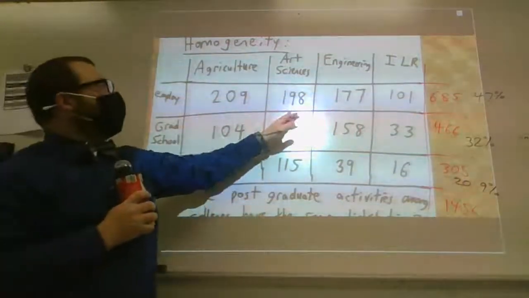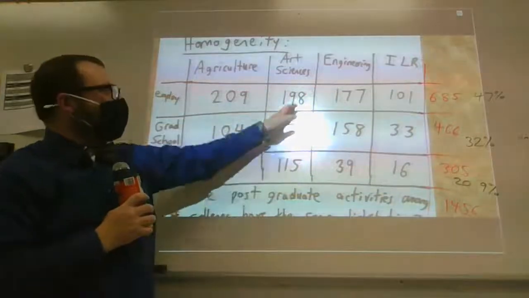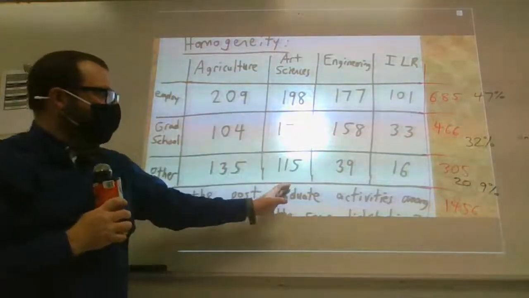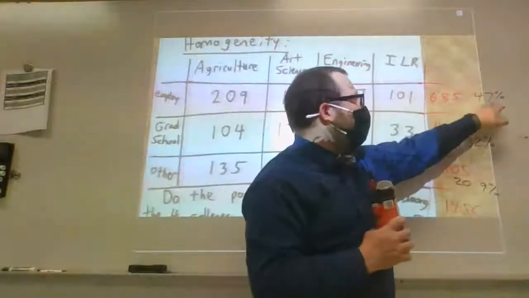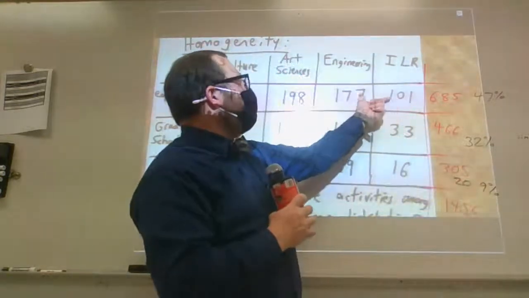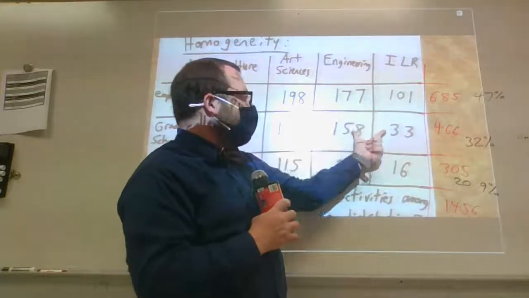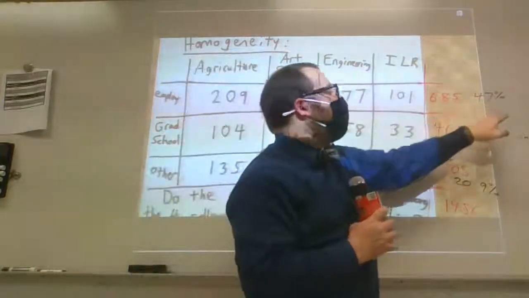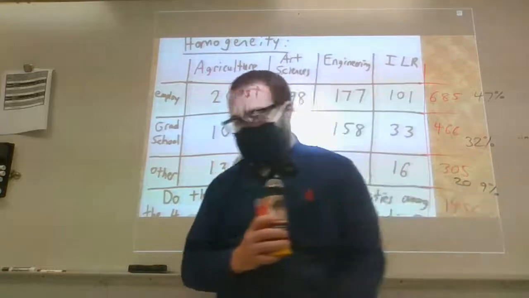Same thing here for arts and sciences: this is the observed distribution, but these percentages are the expected distribution. Same thing here for engineering and ILR. Here are the observed counts, here are the expected counts.